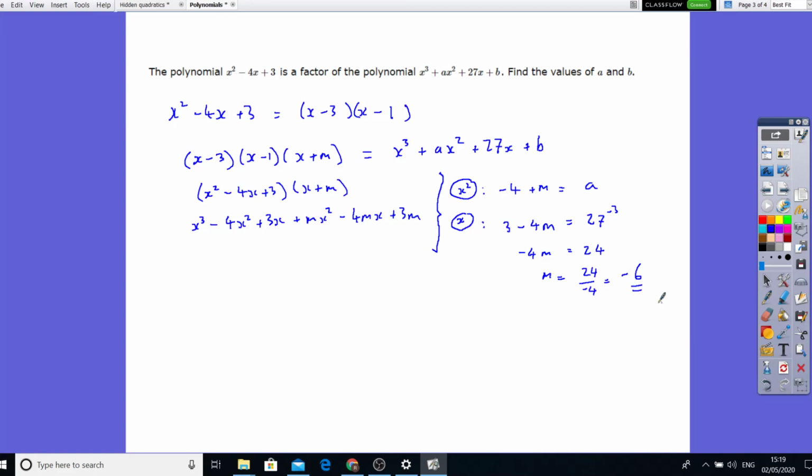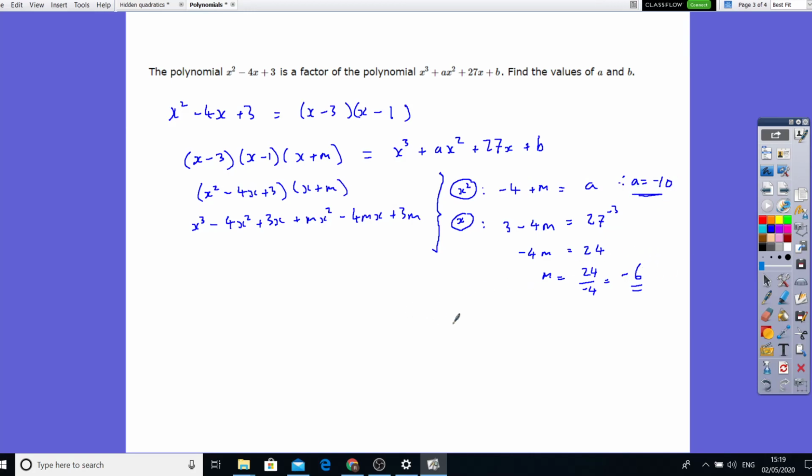So m is going to be minus 6. If m is minus 6, straight away we can go back and see what a is. So a is going to equal minus 6 plus minus 4, which is minus 10.